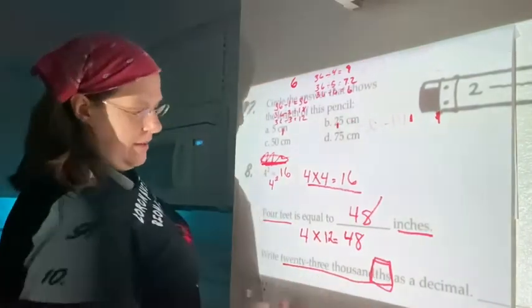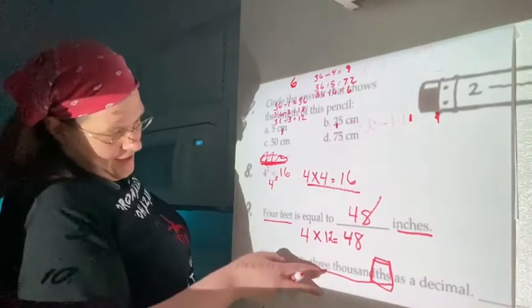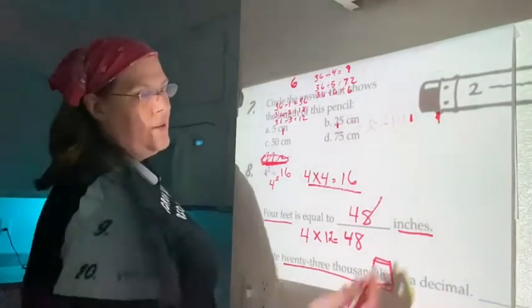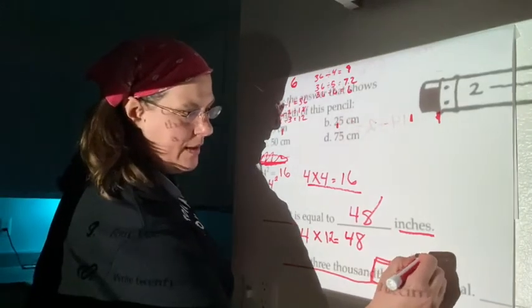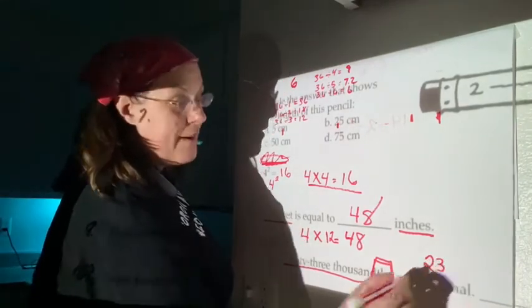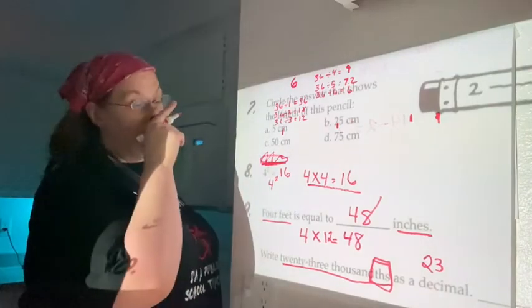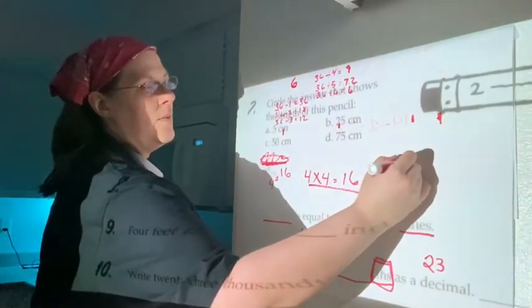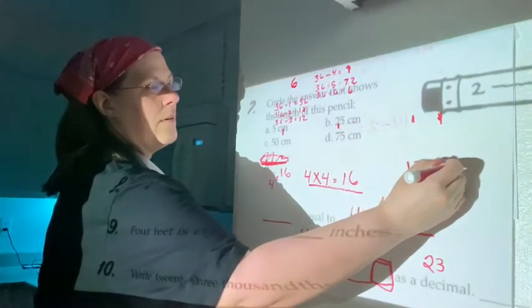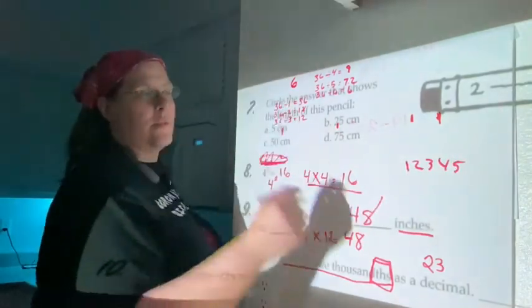23. So I know that, and I'm running out of room down here. I literally have this much paper left. So I'll put it right here. 23. But I gotta figure out where the decimal point's gonna go. So let's just make a fake one. Let's go with 1, 2, 3, 4, 5. We're gonna make a fake decimal.